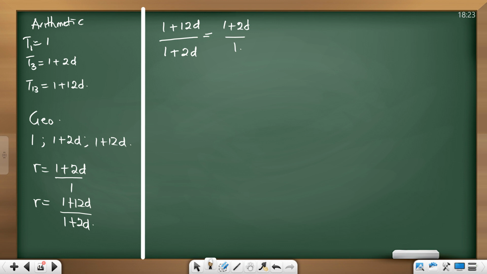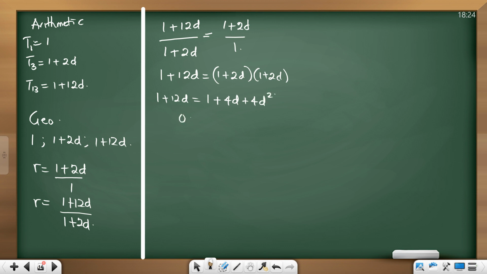All right. Cross multiply. 1 plus 12d times 1 will give me 1 plus 12d. And this is 1 plus 2d multiplied by 1 plus 2d, 1 plus 2d squared, right? So 1 plus 12d equals what? 1, and then 2d will give me 4d plus 4d squared.